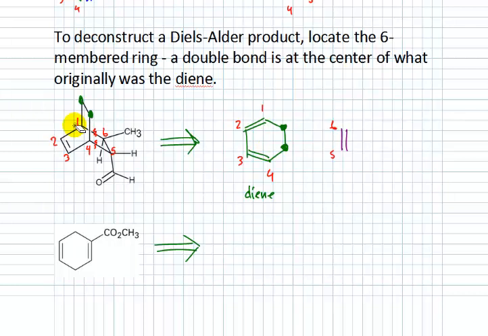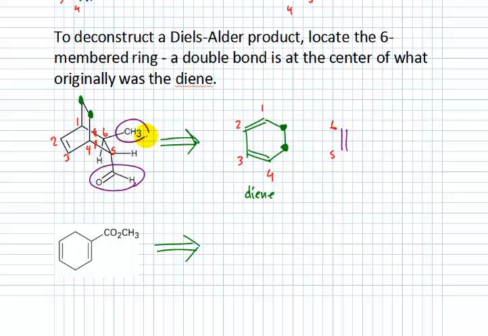Okay? As for the dienophile, I have a C double bond OH attached to 5, a CH3 attached to 6, and notice they're not going in the same direction. Okay? If they're both cis to each other, they would either both be going down or both be going up like that. I'll circle them so you can see it here. Those are trans to each other in the product.